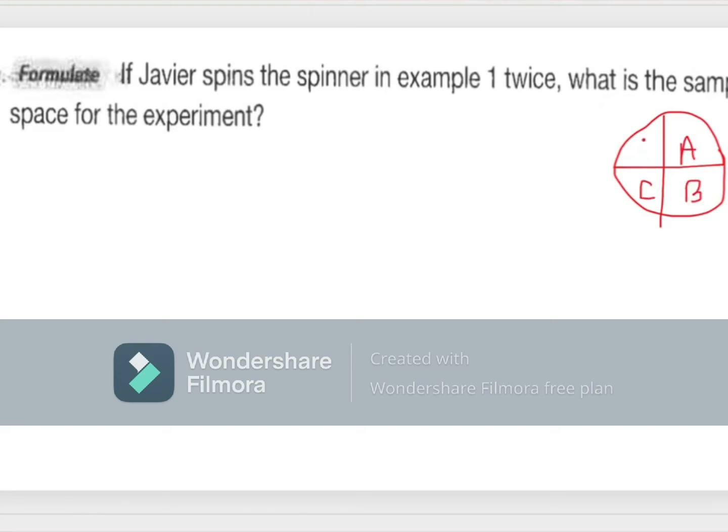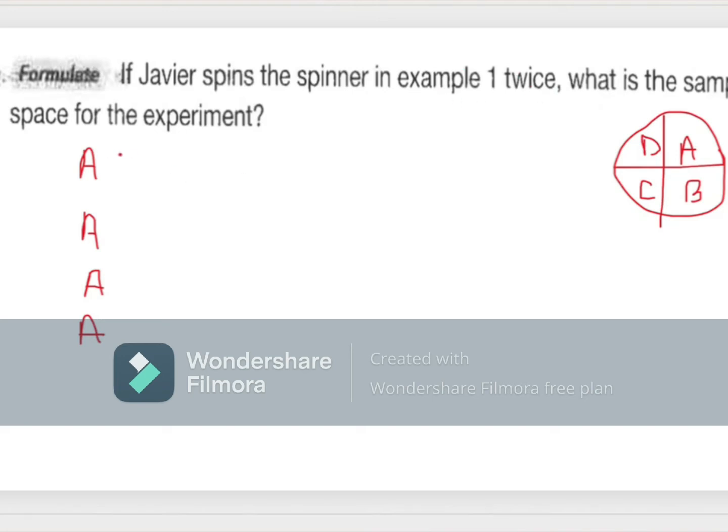Okay, now given that little picture, if we were going to do a sample space, we would say, all right, let's do A, and we're going to have each one start with A, because we've got 4 things going on here. So A, we could spin an A on the spinner spinning twice.